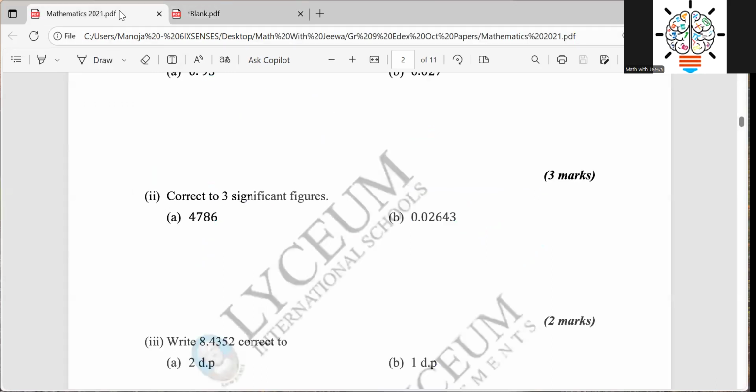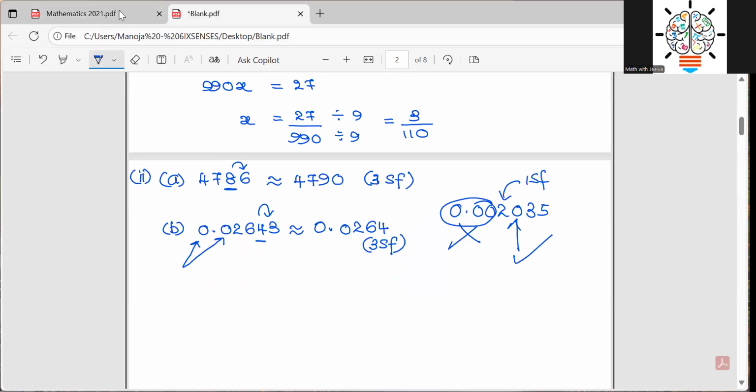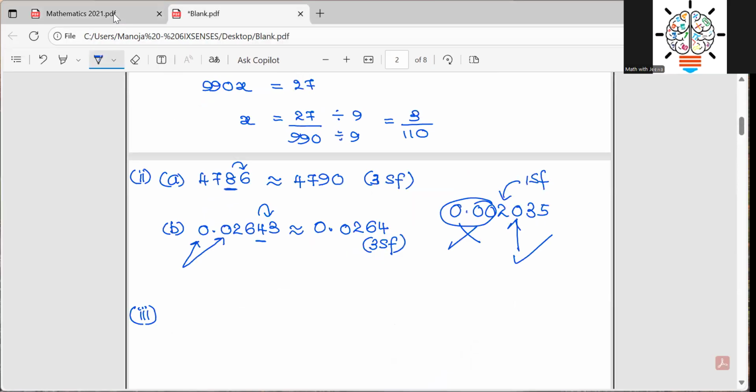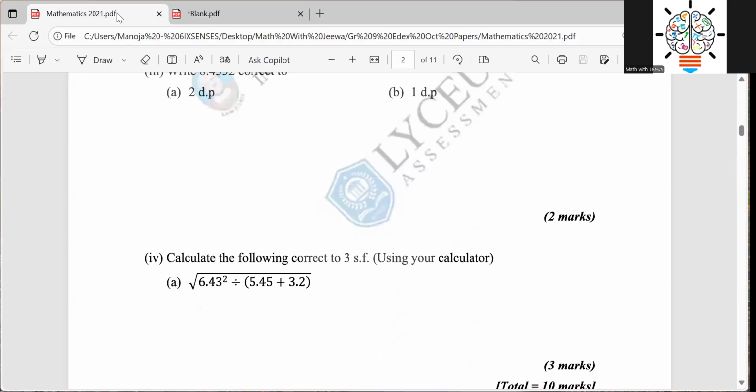Then the next one, we have Roman number 3, right? We have Roman number 3, and there we have 8.4352. 8.4352. And what you are supposed to do, you want to correct this to the second decimal place.